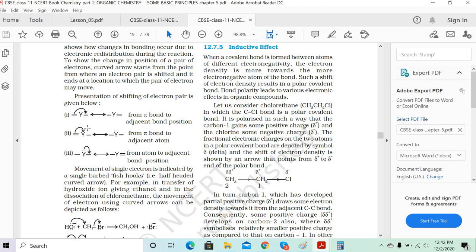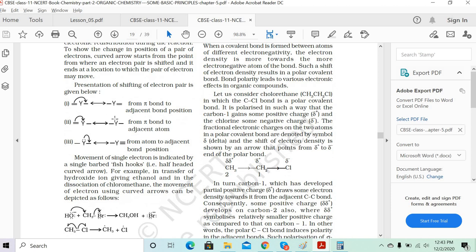Now, second position, what are the possibilities from pi? The pi bond electrons can come to the Y only. Two electrons can come to the Y, it forms a single bond and still has two lone pairs of electrons on the top. All the possibilities we are showing you now.